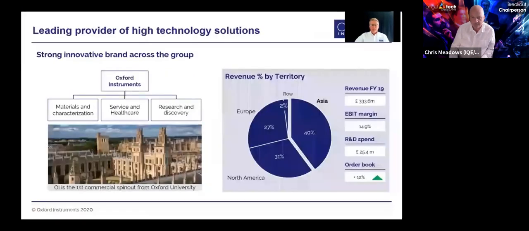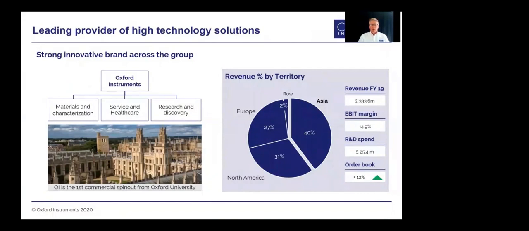Okay. First of all, a little about Oxford Instruments itself, where plasma technology is part of the Oxford Instruments Group. We're a large company with a global customer base. We were the first commercial spin-out from Oxford University, and our founders made the first commercially available superconducting magnet.